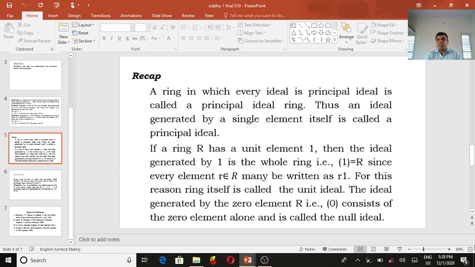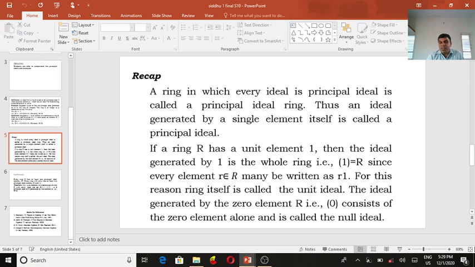If a ring R has a unit element 1, then the ideal generated by 1 is R, since every element r belonging to R may be written as r times 1. For this reason, the ring itself is called the unit ideal.